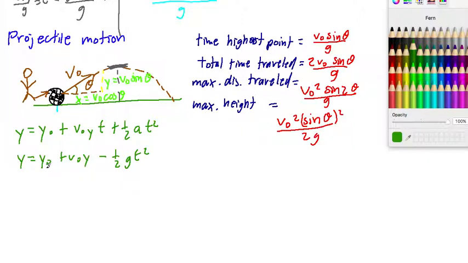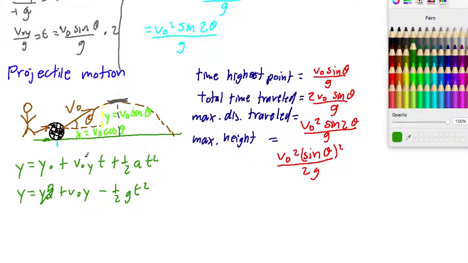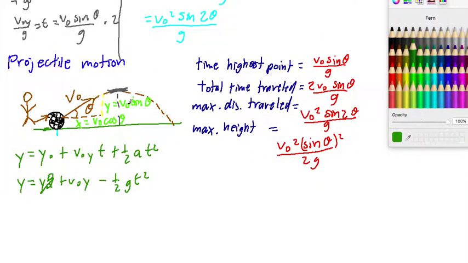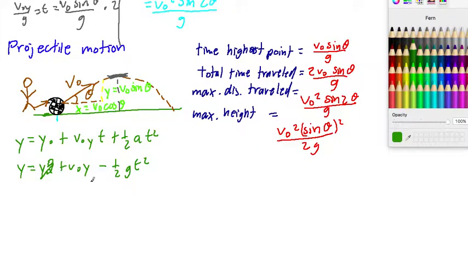All right, so now our y initial was the ground as well, which remember we always say that ground is 0, so this goes away. Our y final, that's what we're trying to find. Our v initial over the y, we said it was v naught sine theta. So let's go ahead and put that. V naught sine theta, and I forgot to put time right there.